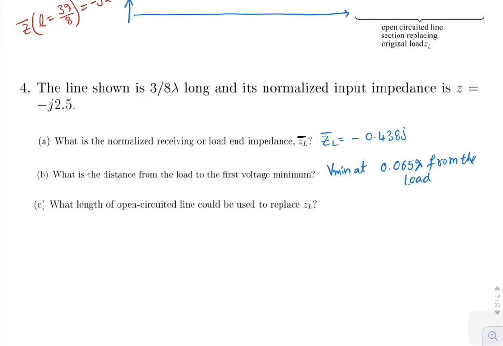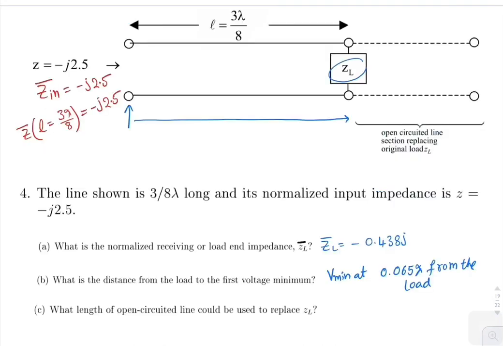The third question is, what length of open circuited line could be used to replace ZL? If this ZL is replaced by a transmission line with open circuit at this end, what should be the length of this transmission line in order to get the same normalized ZL value?